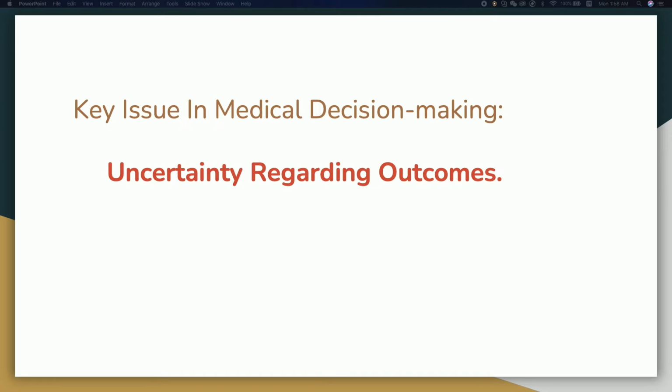And this indicates the key issues in medical decision-making. There is always uncertainty regarding the range of outcomes. Occasionally, decisions are as simple as treating a broken bone: information is good, treatment is beneficial and carries few complications, and there is a dominant decision.